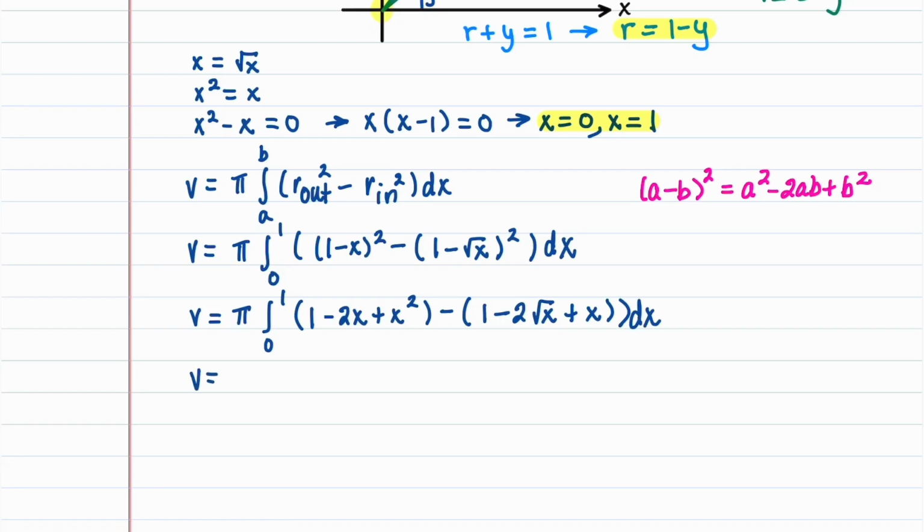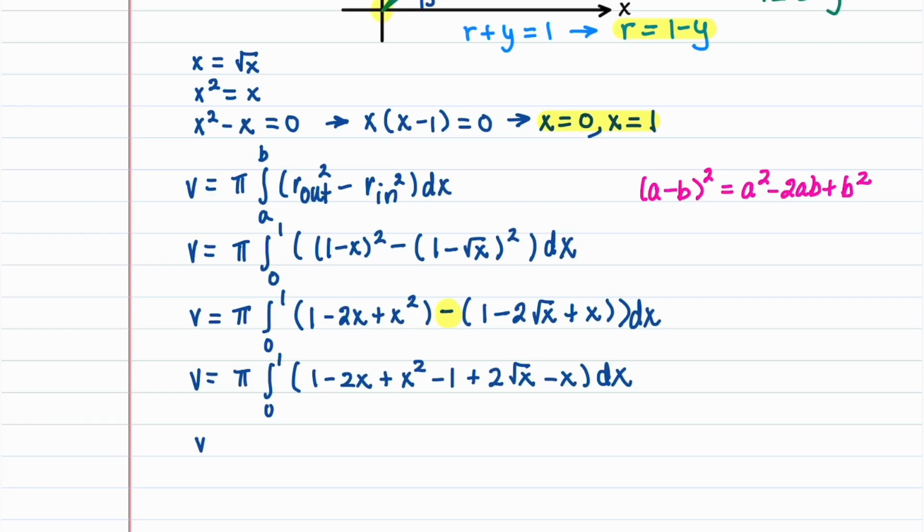Now let's pull that negative through to our last three terms. So we have 1 minus 2x plus x squared minus 1 plus 2 root x minus x. I really think it helps to break this up into two steps so that you don't forget to multiply that negative through to all three terms.